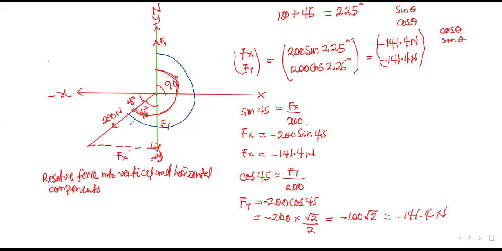So if you are using this whole angle, the order of the components is sine, cos. So the product of the force, which is 200, and the sine of the angle it makes from the north, 225, that is 180 plus 45, and then 200 cos of the same 225.